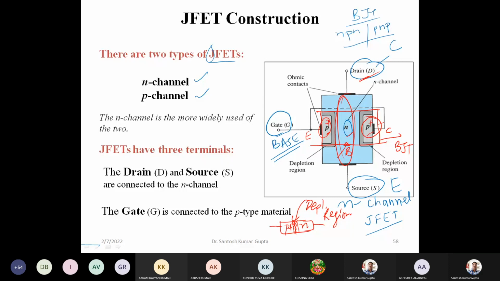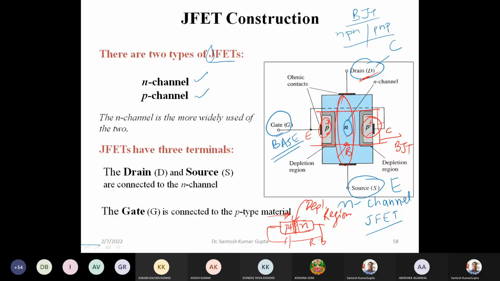If we forward bias this, it is no different than the simple diode in forward bias, and a current will flow through it. Whereas if we reverse bias this, then no current is possible.